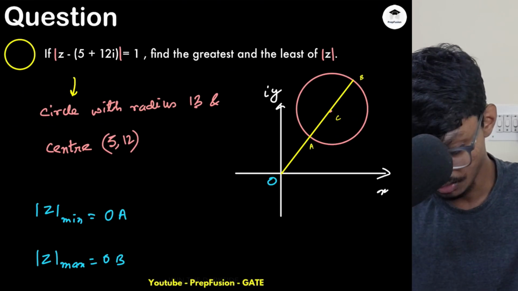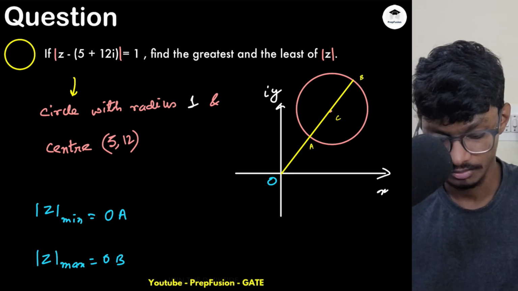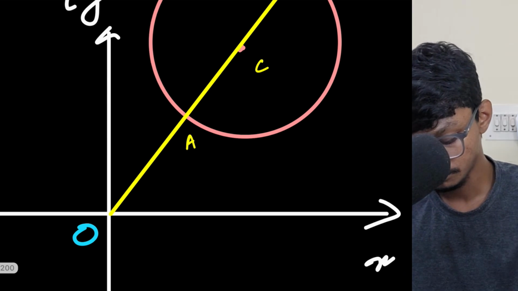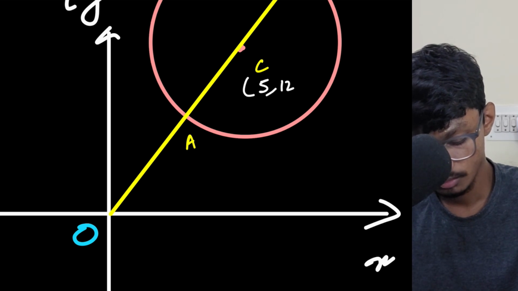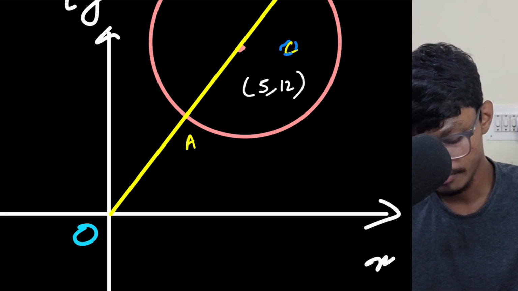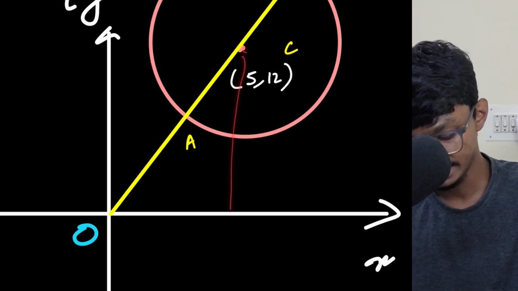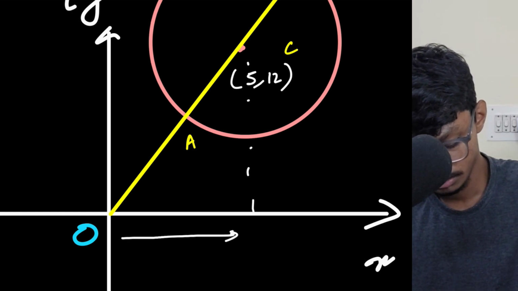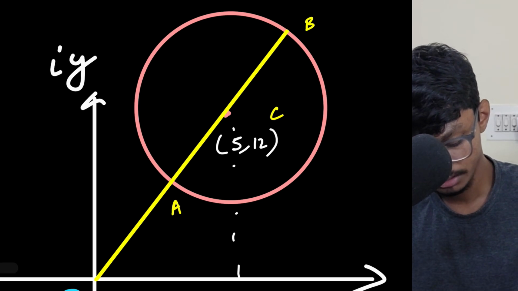Sorry, this is not radius 13. This will be radius 1. I'm sorry, because the radius is defined by this, not by this. I was wrong. So this point is 5, 12. In the x direction this is 5 units, and in the y direction this is 12 units, right?